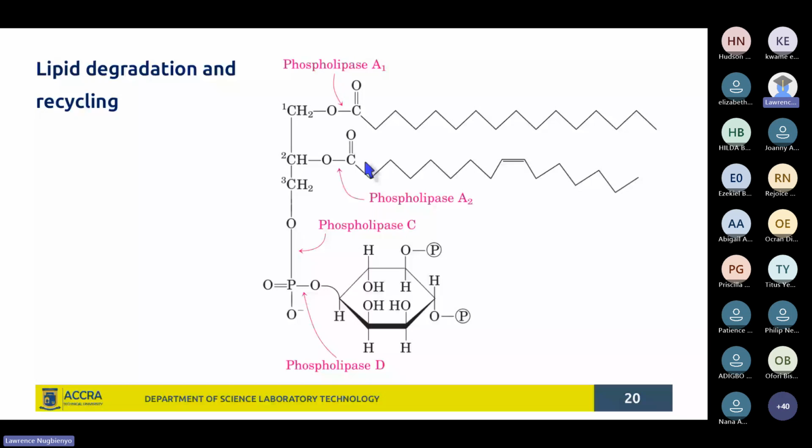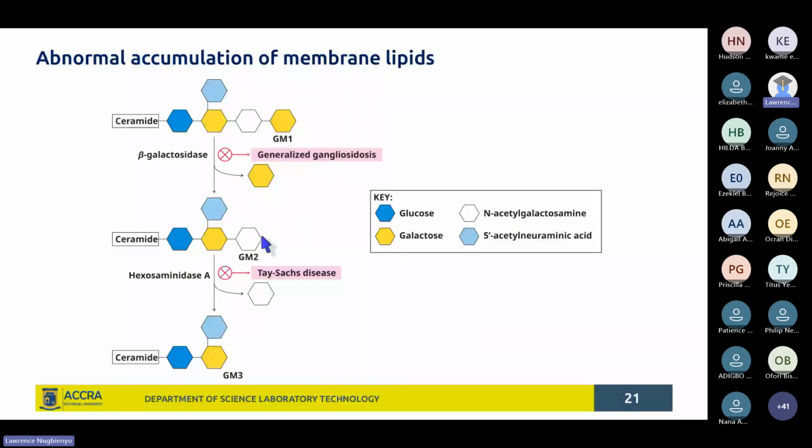Apart from these enzymes, we have membrane lipids in some nerve cells.